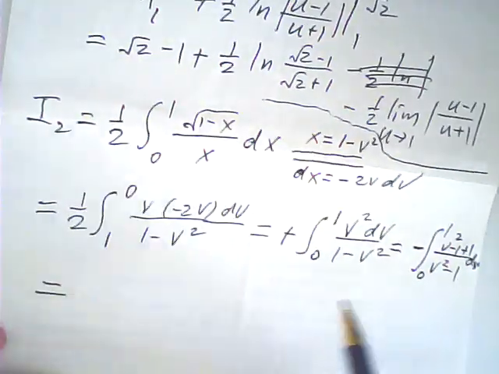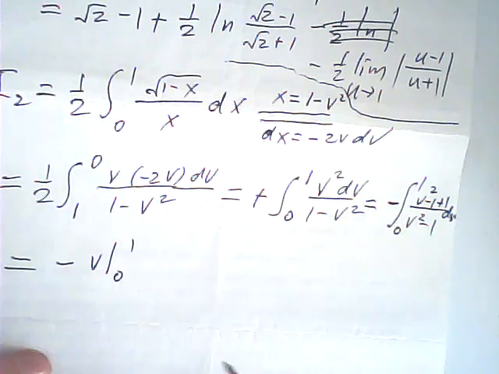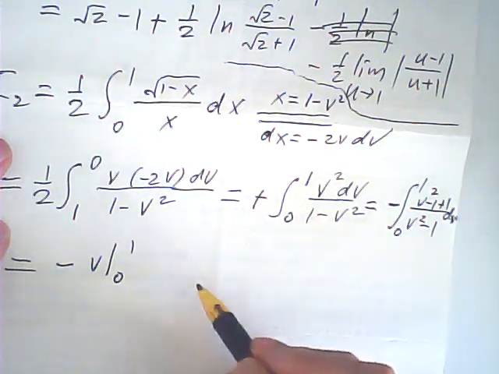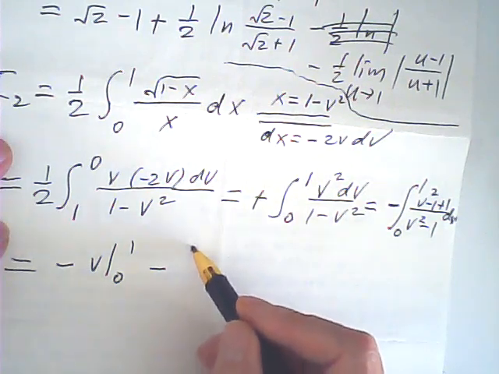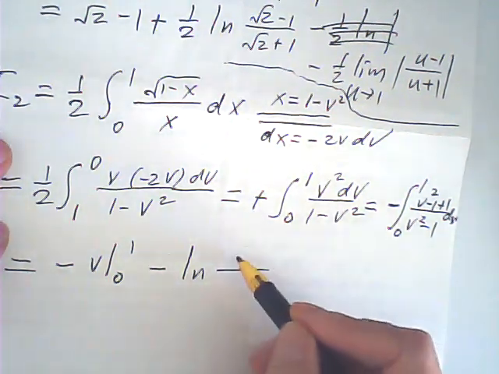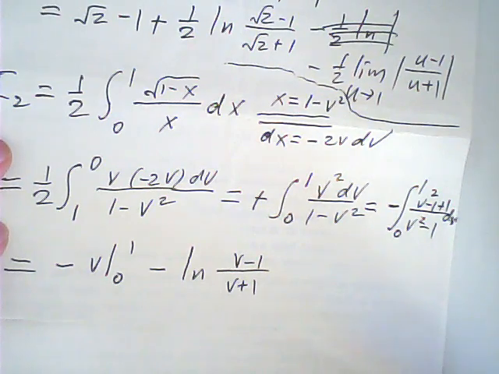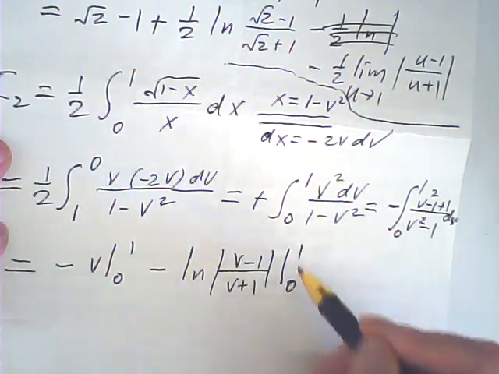So it becomes negative v from 0 to 1 minus the log of absolute value of v minus 1 over v plus 1 from 0 to 1.